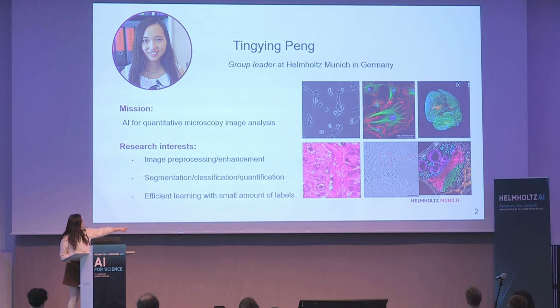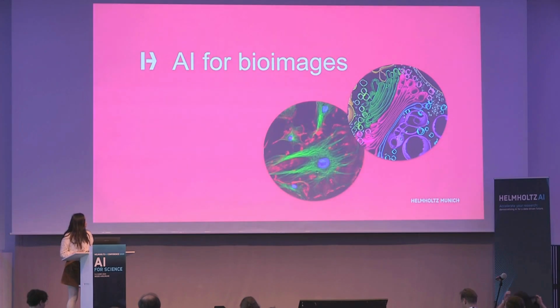One thing more linked to the clinical setting is histopathology slides. You already saw Sophie Wagner's talk yesterday, so half of the group works on that direction. The focus I'm going to talk about is the other half, the bioimaging side.